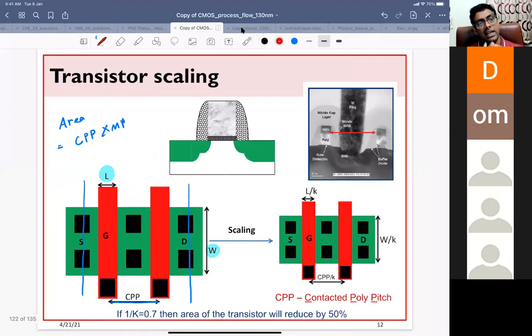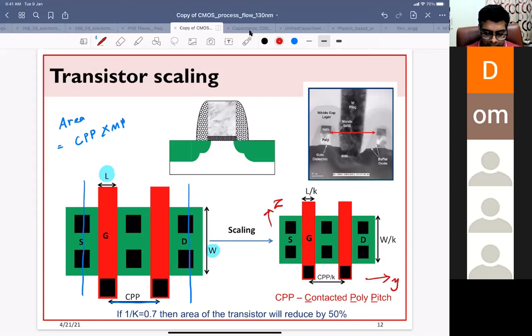So when you talk about scaling, when you scale the transistor, we reduce the poly pitch, the pitch between two gate polys, and also the metal pitch. That means we reduce the dimension in the y direction as well as the z direction. We shrink the dimensions by a factor of k.